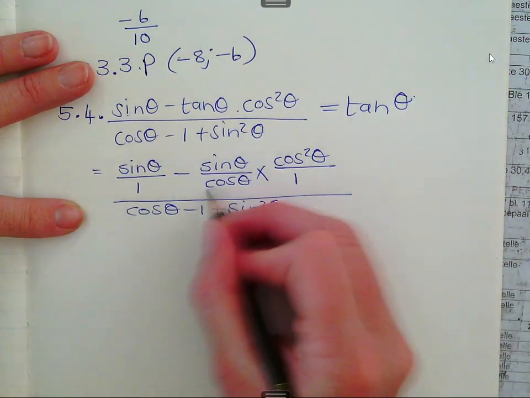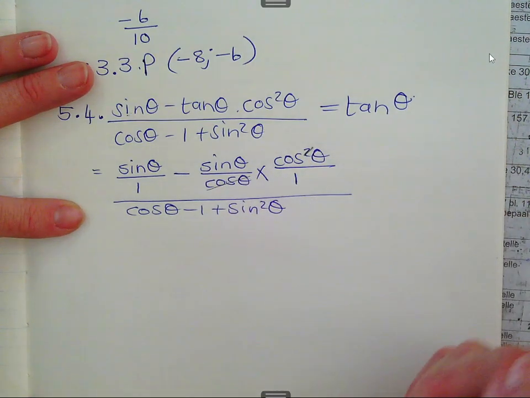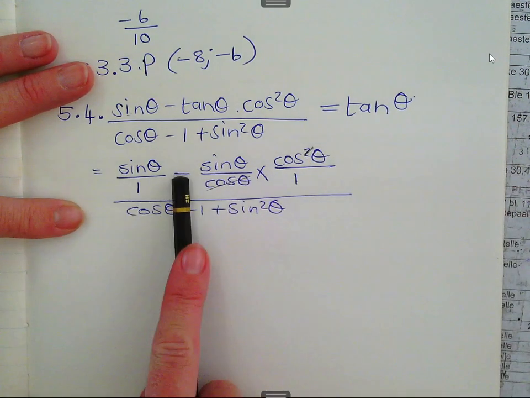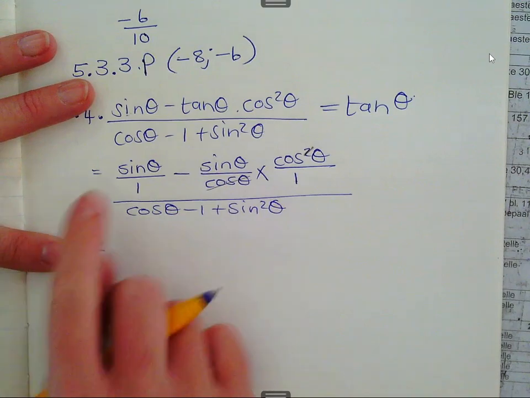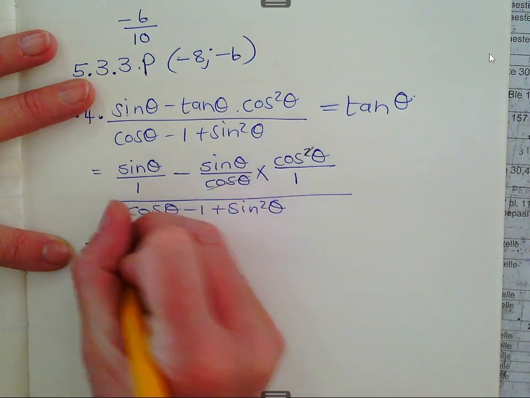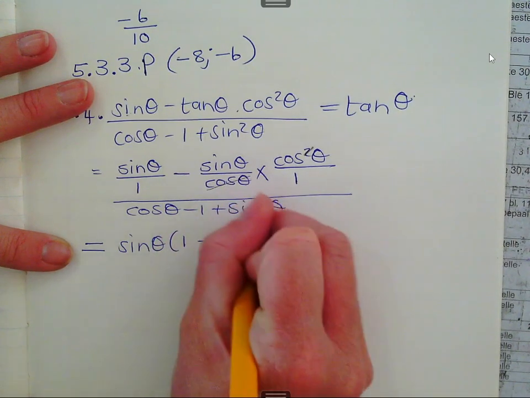So I see this cos cancels out with one of those coses. So I'm left with sin theta minus sin theta cos theta. Do you see it's still 2 terms? So I suggest taking out a sin theta, then I'll be left with 1 minus cos theta.